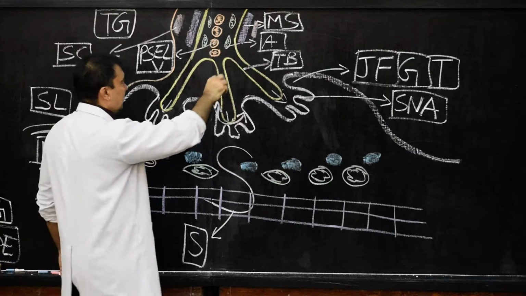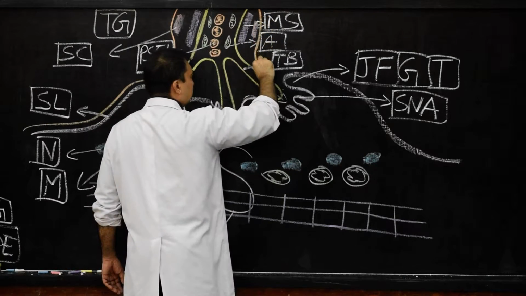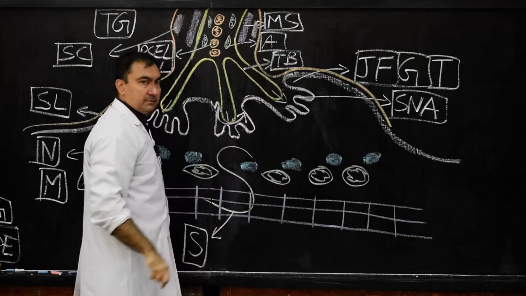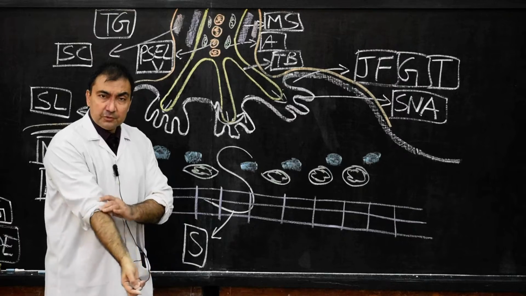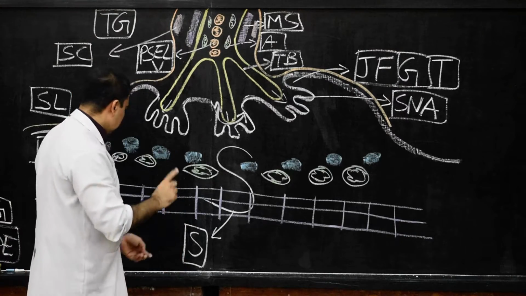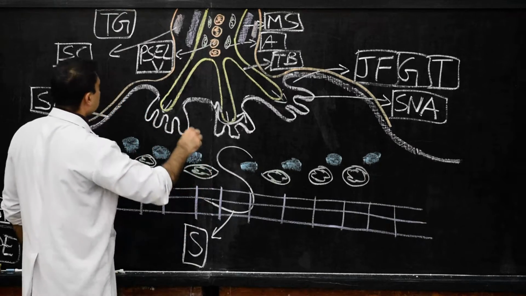Once again I repeat, the covering of the axon, the endoneurium, will continue with the endomysium, and both of these are connective tissue coverings. These two coverings are always continuous with each other.